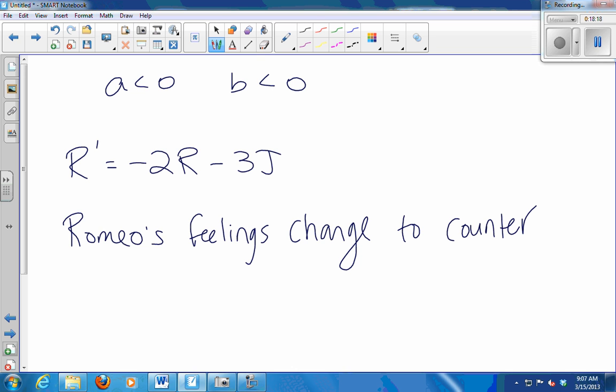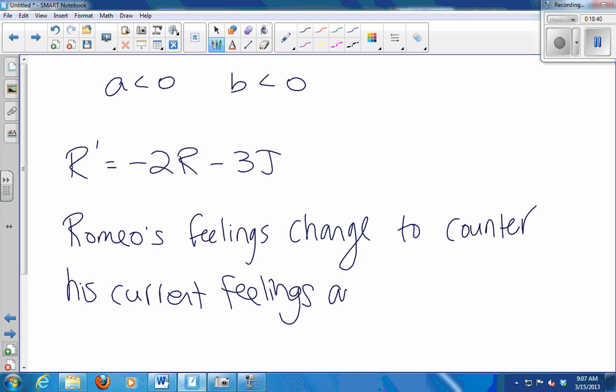Yes, so Romeo's feelings change to counter his current feelings, and they counter Juliet's current feelings. So if Juliet hates him, he starts to love her. And if Juliet loves him, he starts to hate her. But if he starts to love her and Juliet hates him, then he also starts to hate her, because he counters his own feelings.